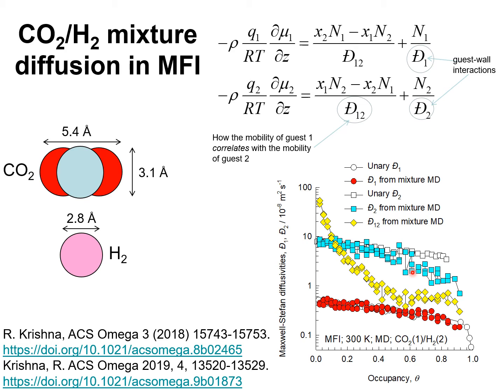The cyan squares represent the Maxwell-Stefan diffusivity of hydrogen in MFI zeolite, and the yellow diamonds represent the D12 term in the Maxwell-Stefan equations.